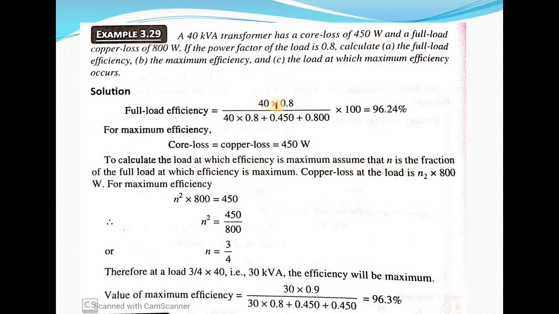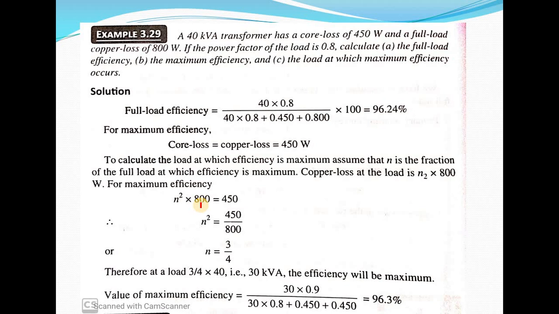So we'll use the earlier formula, that N square into PCUF is equals to PI. Suppose at the nth load the efficiency will be maximum, so this is N square into PCUF.